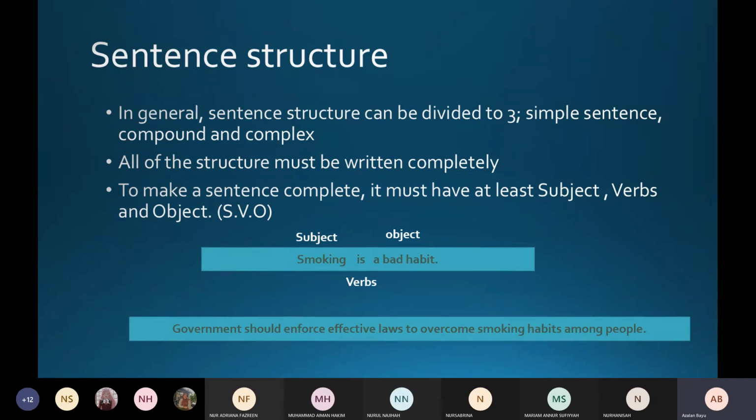Although it's long, it's actually the same: subject, verb, object. The subject is government, should enforce is the verb, and the rest is the object, effective laws until people. Although the top looks long and the bottom short, the structure is the same, which is a simple sentence.